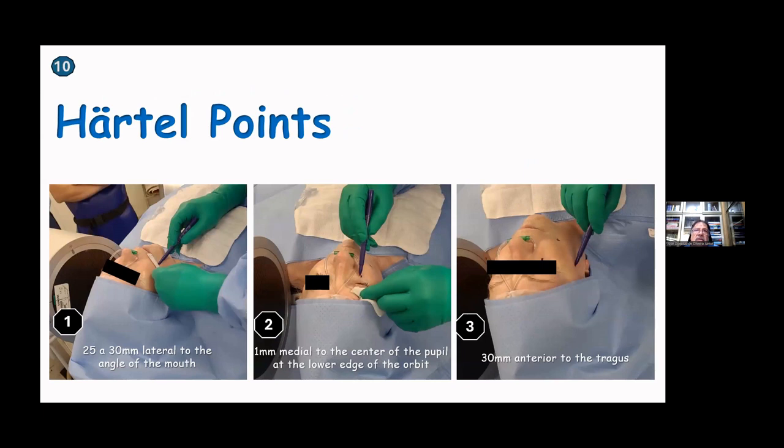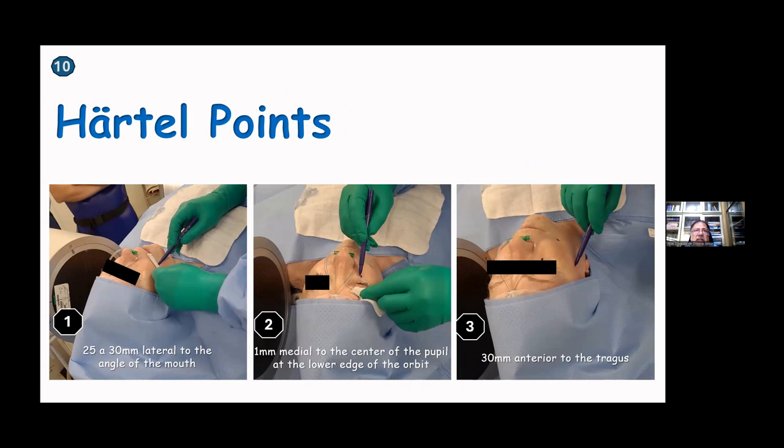Access to the trigeminal ganglion was described more than a century ago by Hartel with three anatomic points. The first one, which defines the insertion site of the cannula, is a lateral distance from the angle of the mouth between 25 and 30 millimeters.